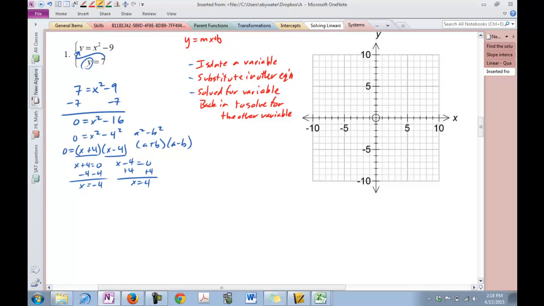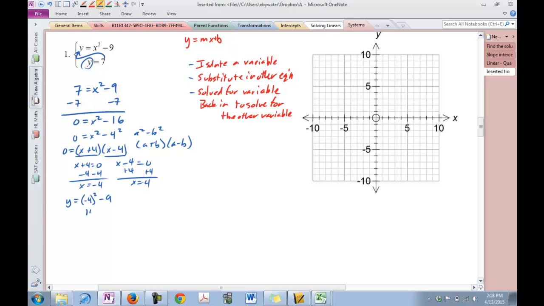So now I've got to take that number and put it back into the equation to solve for the other variable. Well, I know that x is negative 4. I actually already know that y is 7, but let's go ahead. We'll take the negative 4 and put it back into the quadratic just because I can. So y equals negative 4 squared minus 9.